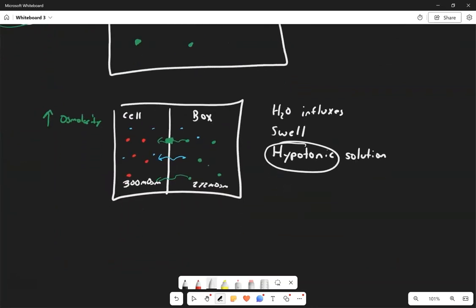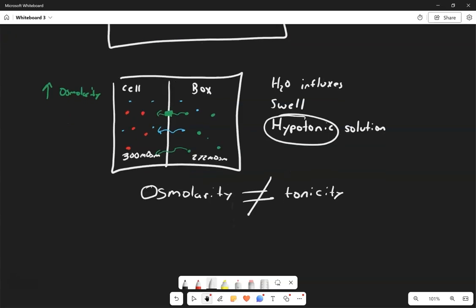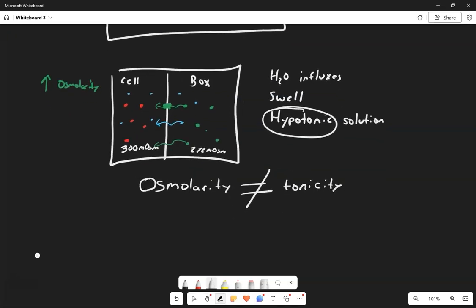So from this, right, we can clearly now see that osmolarity does not equal tonicity. Okay? What we need to account for is permeability. What is the cell permeable to?